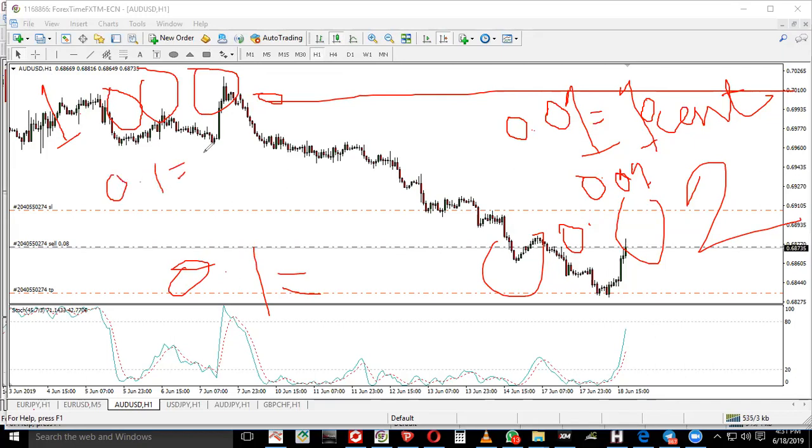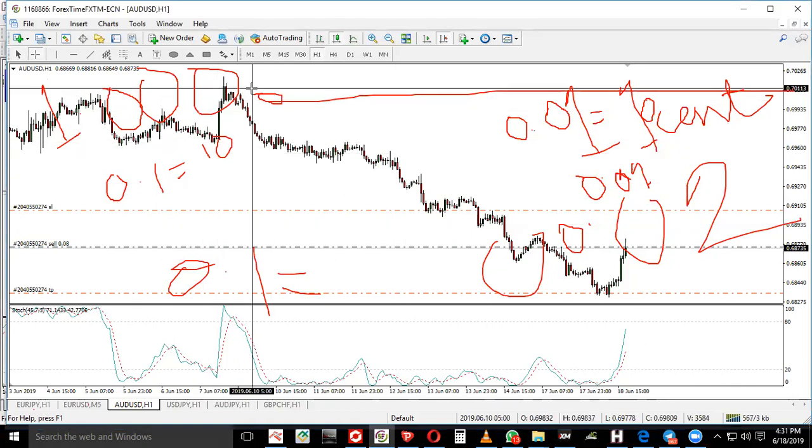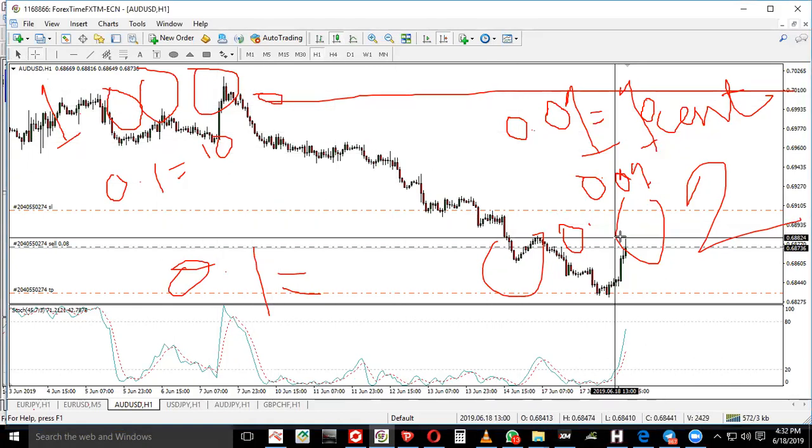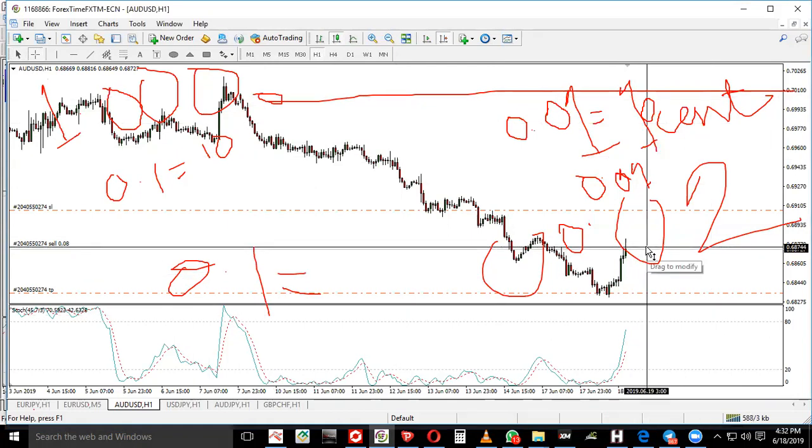Remember that I said this percentage decrease or increase in price is called pips. You measure these pips on your MT4. The easiest way to do it is by your crosshair. For instance, let's say I'm anticipating that price would go down, and where my take profit is now is 40 pips.